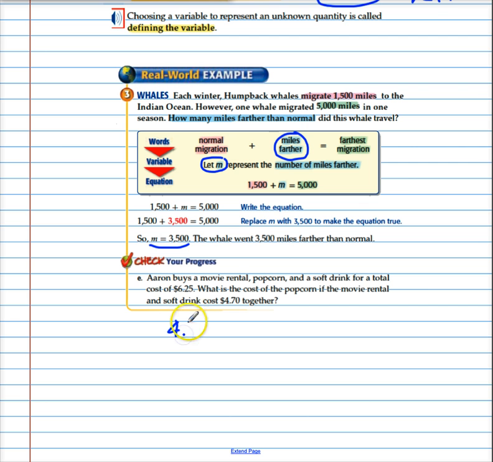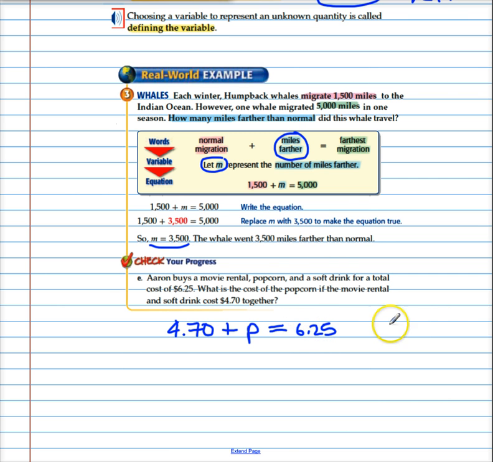That would be the cost of the soft drink and the movie rental. We don't know how much the popcorn costs, so we're going to write that as P for popcorn. We do know that those two added together equal $6.25.